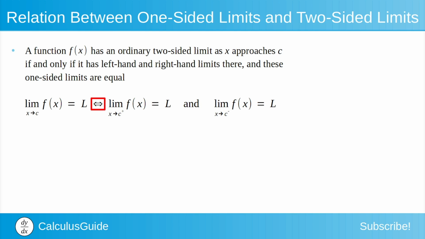It's a combination of the symbols for implies and is implied by. f of x approaches the limit L as x approaches c if and only if f of x has right-hand limit L at x is equal to c, and f of x has left-hand limit L at x is equal to c.